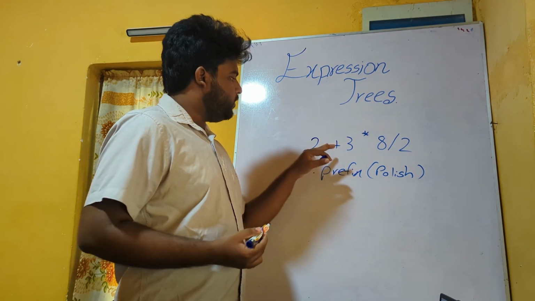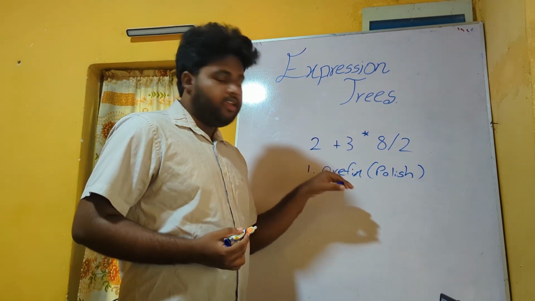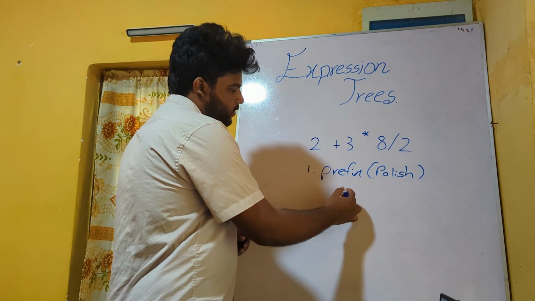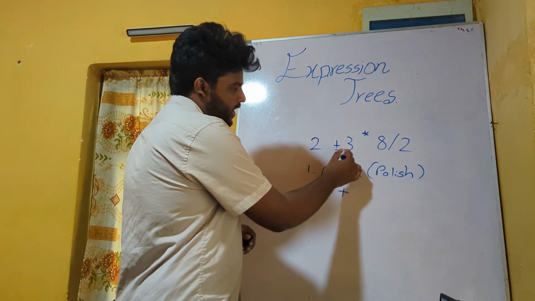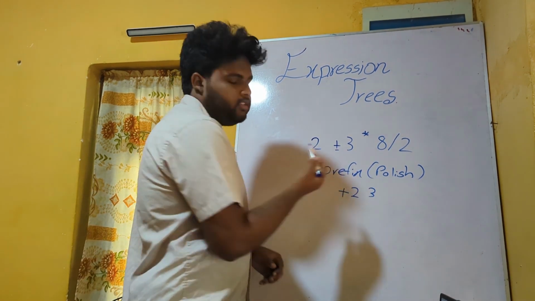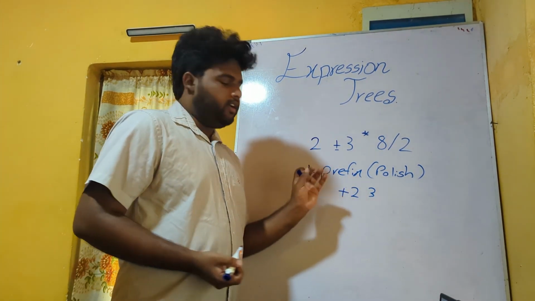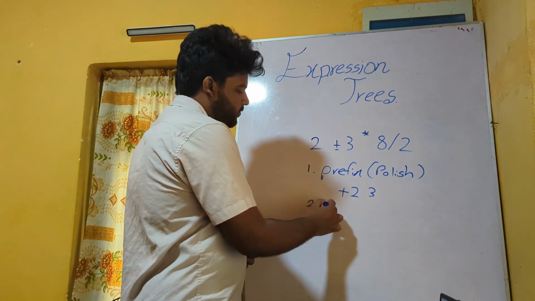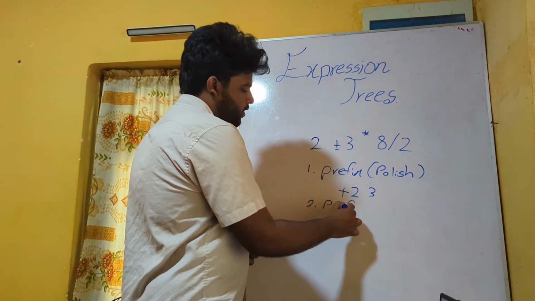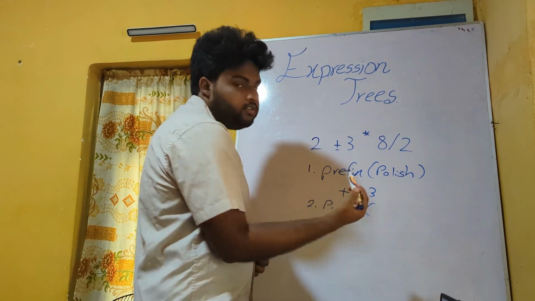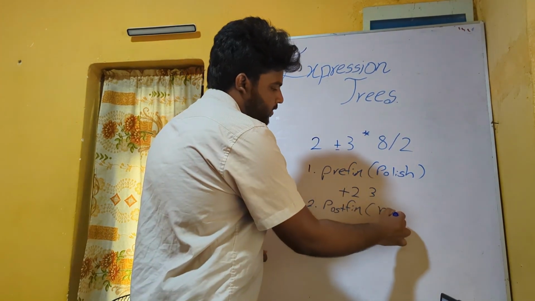So if you were to write 2 plus 3 in the prefix way, what you need to do is write the operator first and then the two operands. Another way is the postfix way. This is also known as the reverse Polish way.